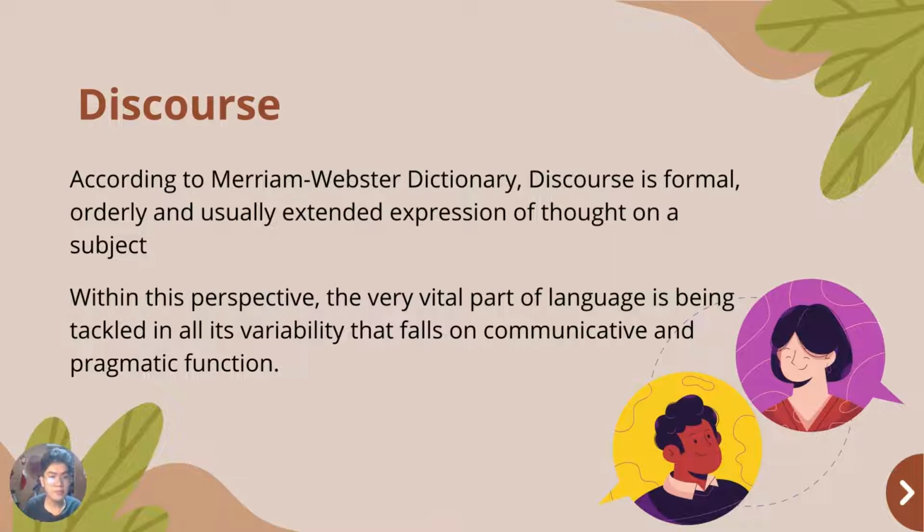Within this perspective, the vital part of language is tackled in all its variability, which falls under communicative and pragmatic function. When we say pragmatic, it is realistic, sensible, practical. In terms of linguistics, pragmatic is the literal meaning of a word.